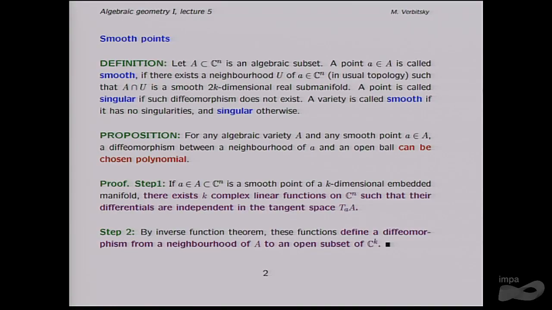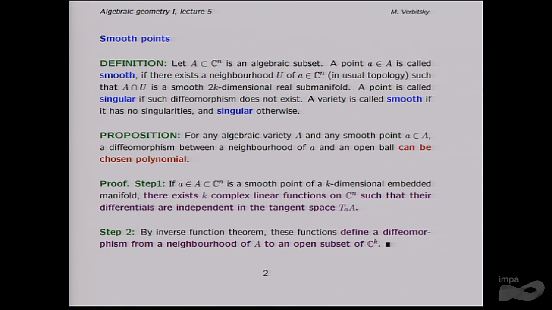This was something we already had discussed, but again, as we work with algebraic geometry, we encounter singular varieties, and this is really important.